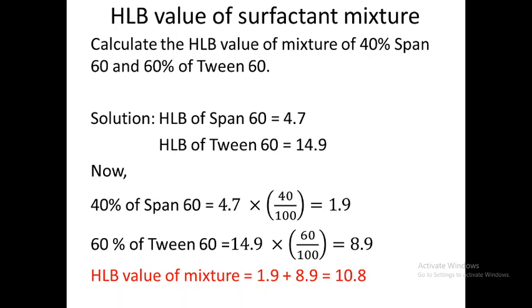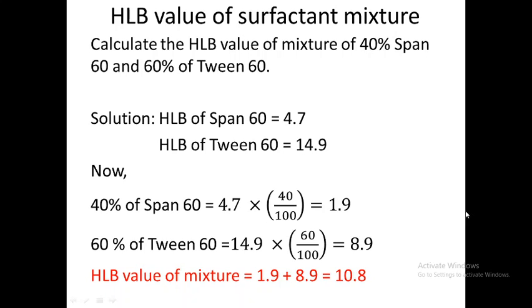Now, 40% of Span 60 I have used. So just calculate the HLB contribution of 40% of Span 60. That is the HLB value of Span 60, 4.7, into 40 divided by 100, because 40% of Span 60 is used. If you solve this you will get 1.9. Then 60% of Tween 60 I have used.